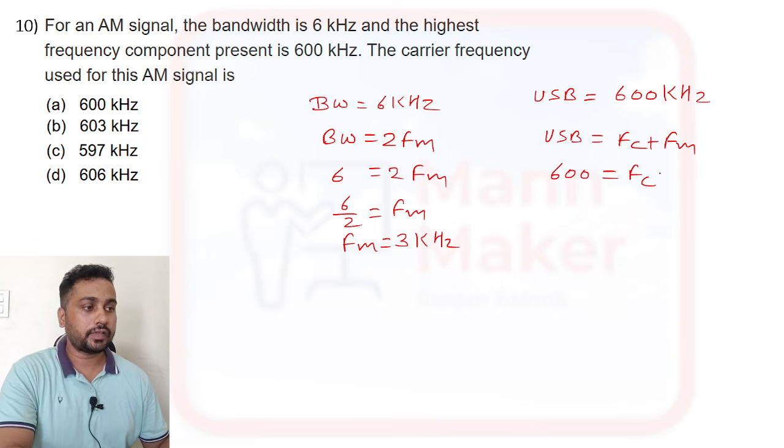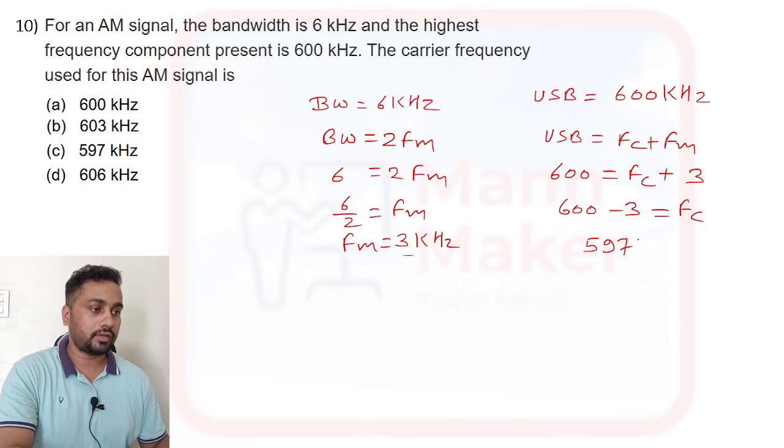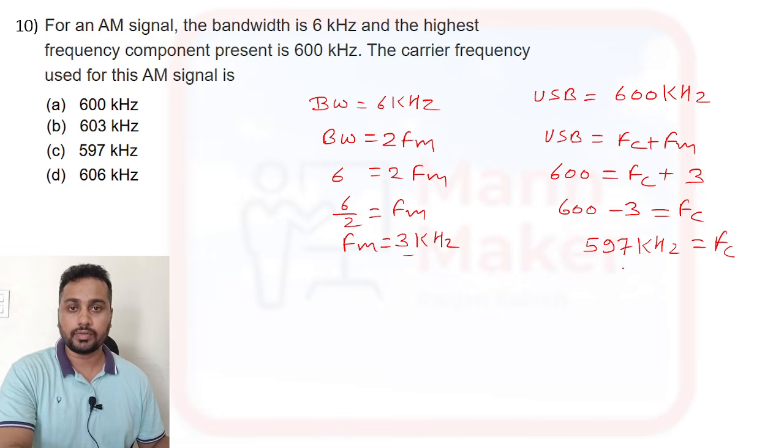FM we have just calculated as 3 kilohertz. Now 600 minus 3 is equal to FC, and 600 minus 3 is 597 kilohertz. So we got the carrier frequency: 597. Option C is your right answer.